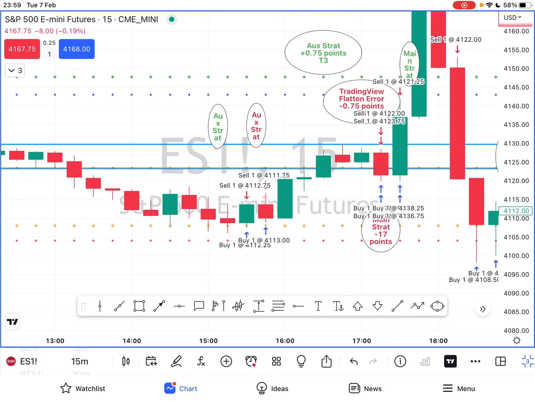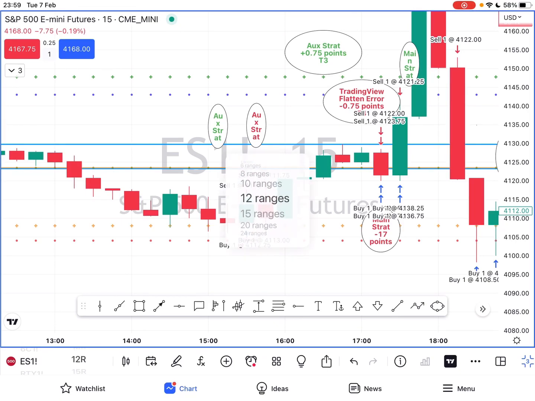I'm going to use a different chart to do the summary here. I may use a range chart just because of the number of executions taken, and let's just see. Let's just go through the chart.